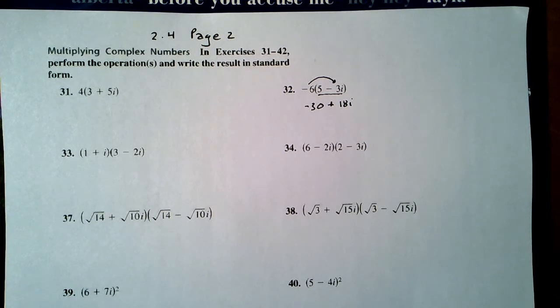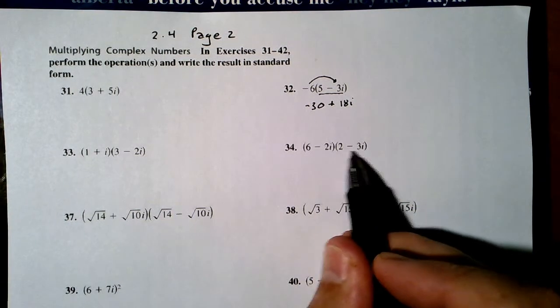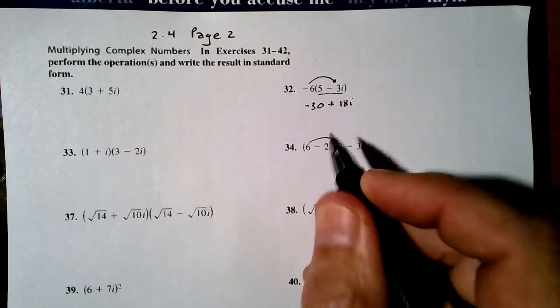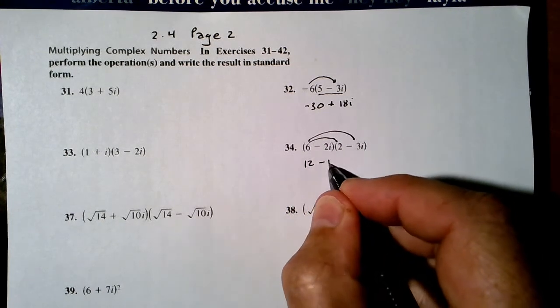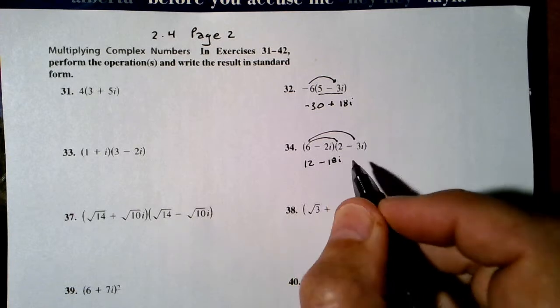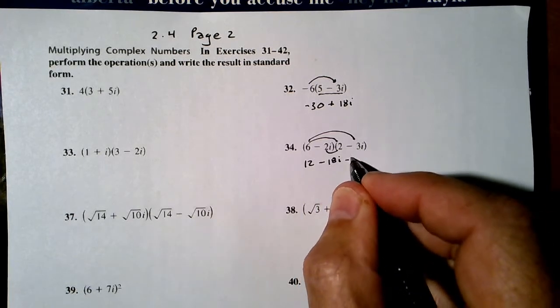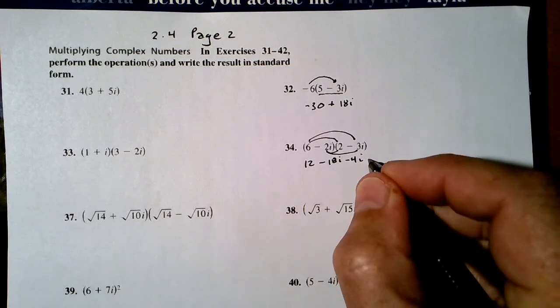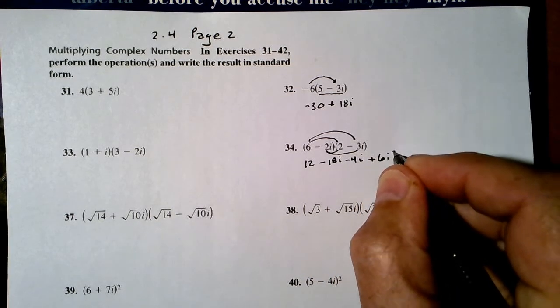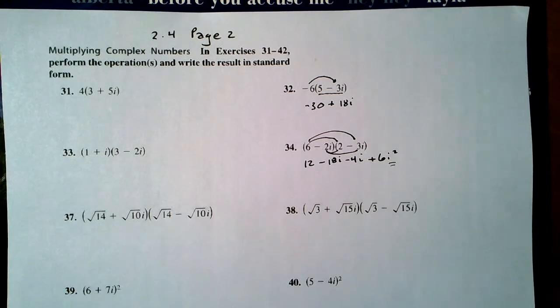The other thing that works in complex numbers is if we have a square root of a negative, then i's are involved there. So we treat this just like it's x, and we FOIL, and we get 12 minus 18i minus 4i and plus 6i squared, and there it is right there.